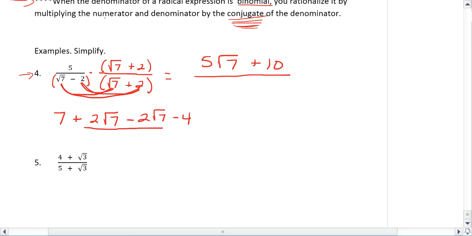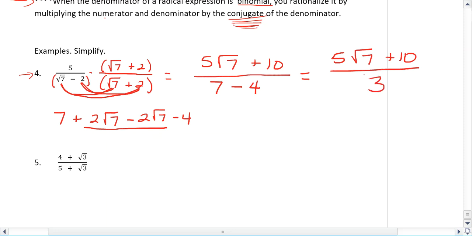And look what happens when you multiply conjugates. The middle terms add to 0. So this denominator simplifies down to 7 minus 4. And you'll notice there are no square roots in the denominator. So we're left with 5 square root 7 plus 10 all over 3.